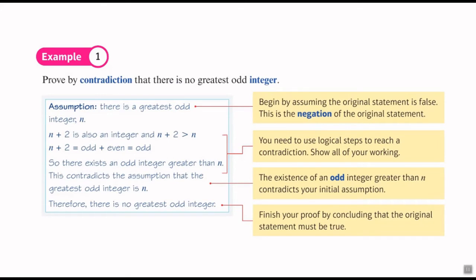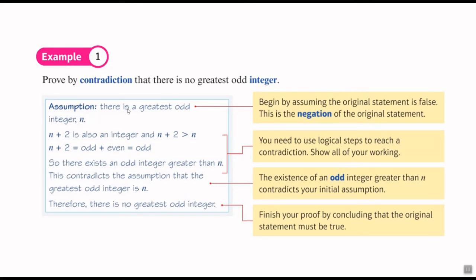Example 1. Prove by contradiction that there is no greatest odd integer. So we will assume the opposite of this statement.